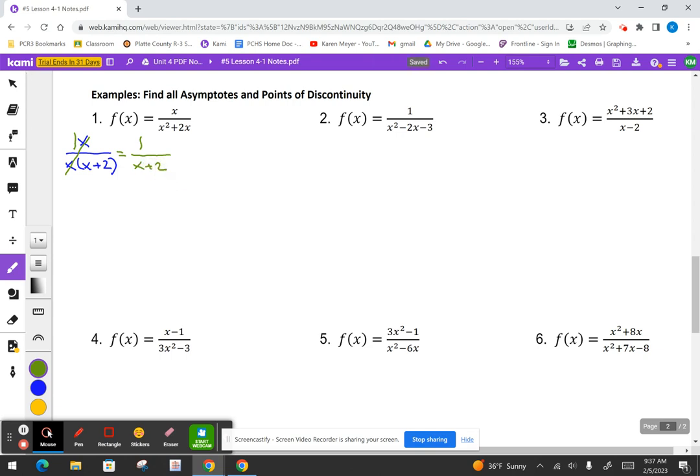All right, so now I get to go through and start listing all my fun stuff. So vertical asymptote, we look at the denominator, and you are going to pretend like you set it equal to 0. So then you would get x equals -2. HA versus SA.